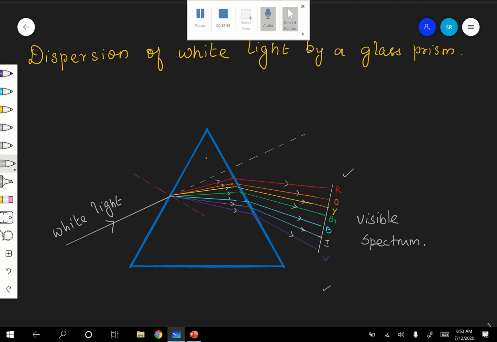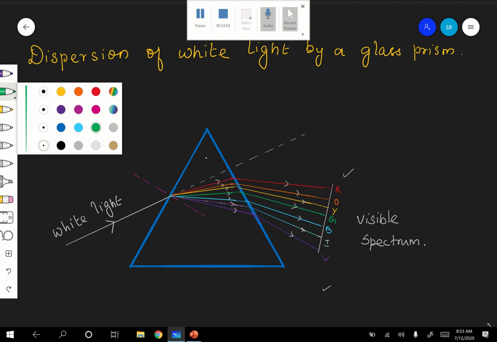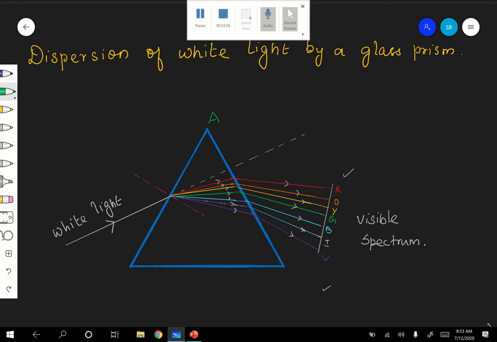Because of that, see for example here also, what happens? When the white light falls on this prism, it is splitting into 7 colors. What is the reason?